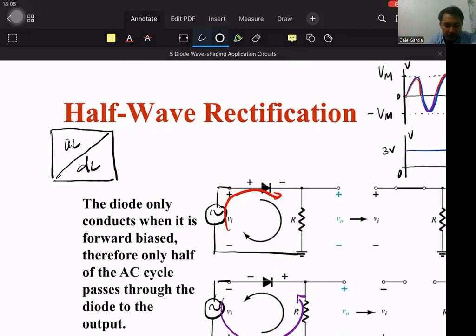Now, have you heard of this type of device before? An AC to DC converter? Who has heard of it? Type 1. Not sure? It's okay.